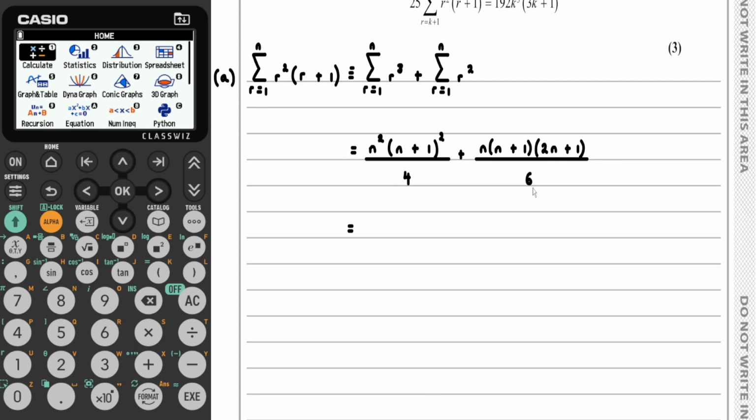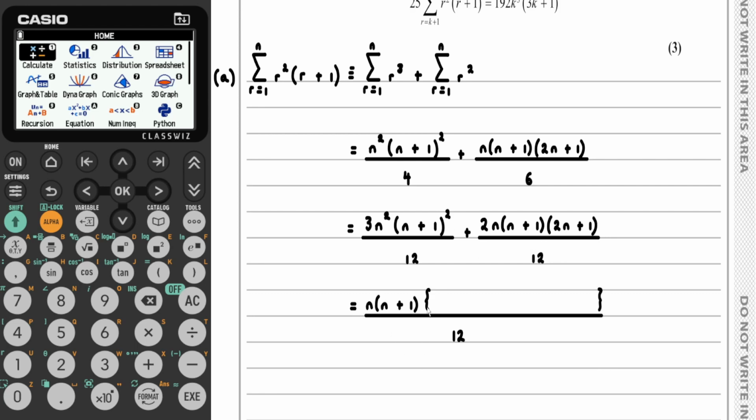Now what we can do is rewrite this such that we've got a common denominator of 12. So we've got 3 over 12 times n squared times n plus 1 squared, plus 2 over 12 times n times n plus 1 times 2n plus 1. Now you will find an n and an n plus 1, and the 1/12 is common to both terms.